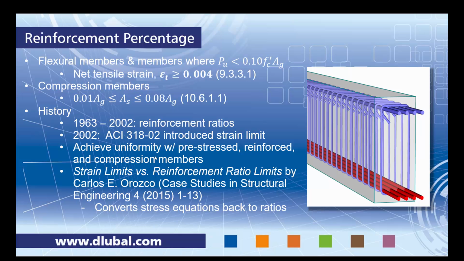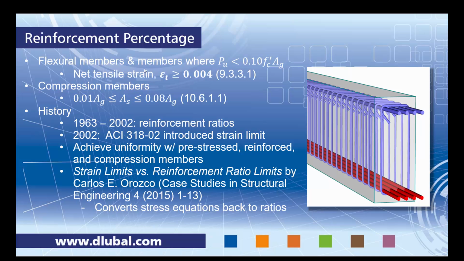And I actually pulled all of this information from the journal called Case Studies in Structural Engineering. There's an article in there, Strain Limits versus Reinforcement Ratio Limits. So what's interesting about this article is that if you're an engineer and you're used to these reinforcement ratios pre-2002, and this net tensile strain just maybe isn't very intuitive to you, what this professor has done is actually to convert these strain equations back into ratios.